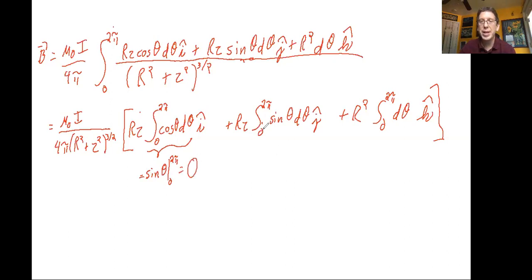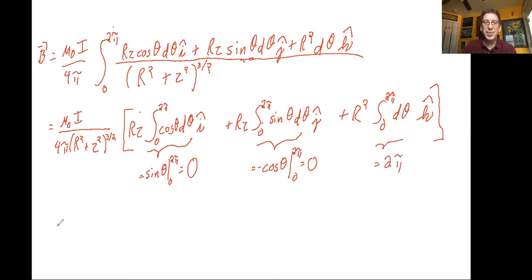And then similarly, this integral is the negative of the cosine theta, but you're looking at the cosine of theta at both 0 and 2 pi. The cosine is going to be 1 in both places, so 1 minus 1 equals 0. So this is also 0. And here, you're just evaluating d theta from 0 to 2 pi. That's very simple. It's just 2 pi.